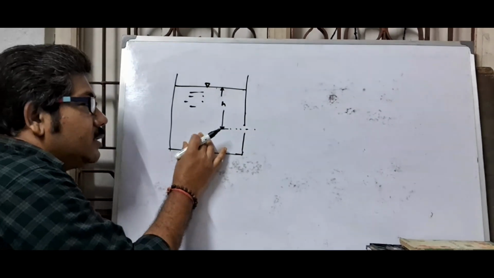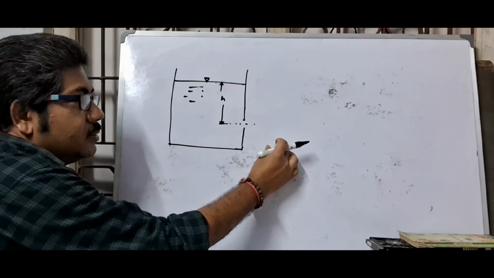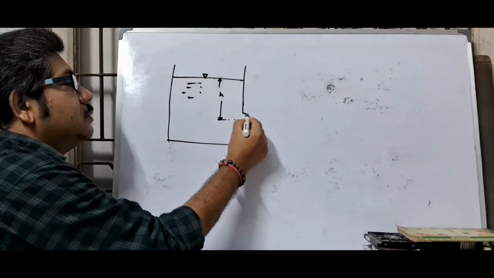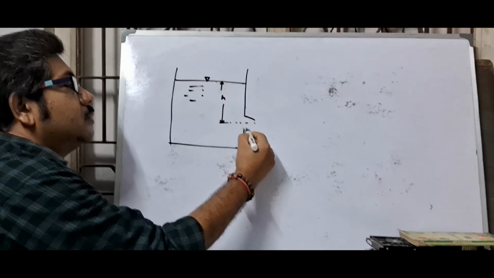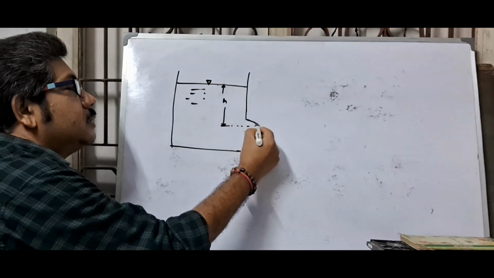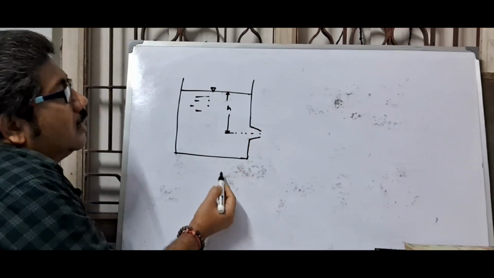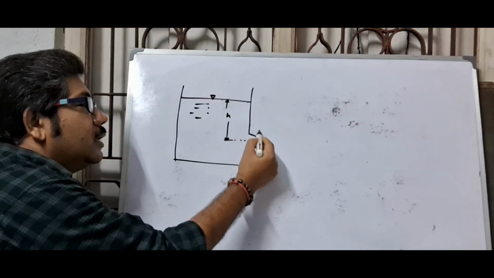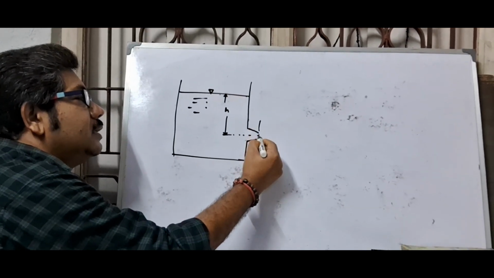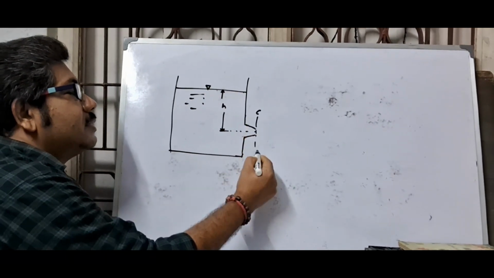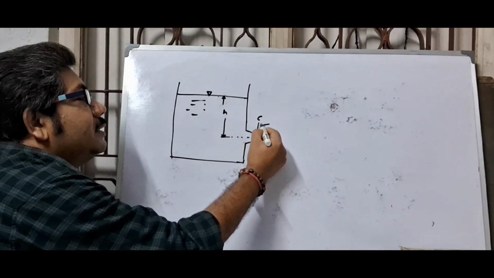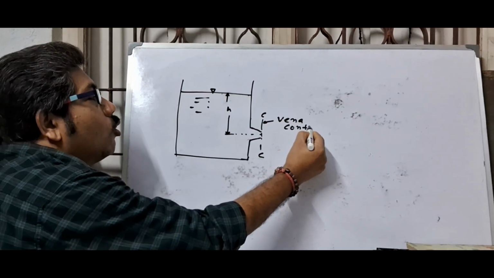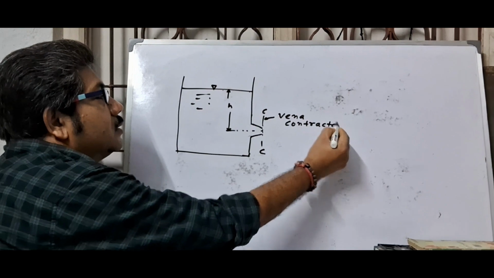When liquid is discharging through the orifice, first of all it is converging, reaching the minimum section. This is CC, and this section is called vena contracta.